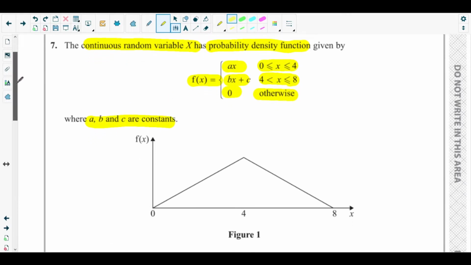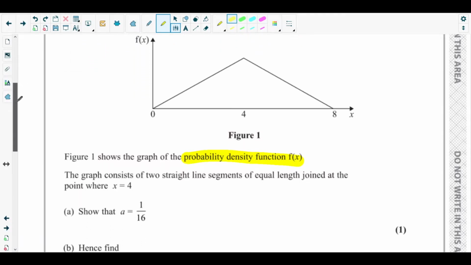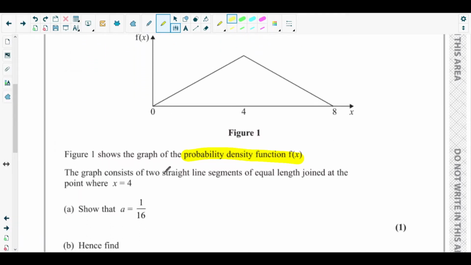Just below we can see a figure. This is showing the probability density function. Figure 1 shows the graph of the probability density function. This is a perfect drawing for the PDF. The graph consists of two straight line segments of equal length joined at the point where x equals 4.